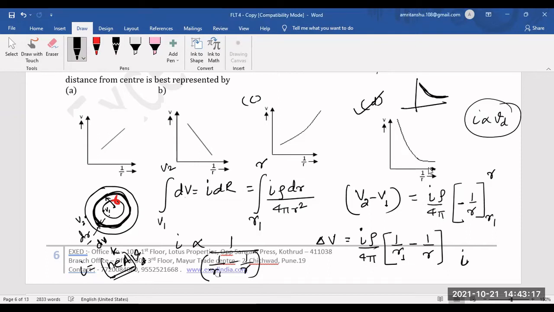Because as R tends to 0, I will tend to some value, and as I tends to 0, this whole expression will tend to a kind of infinite value, which is achieved at this point. So I think the correct option for this question should be D.